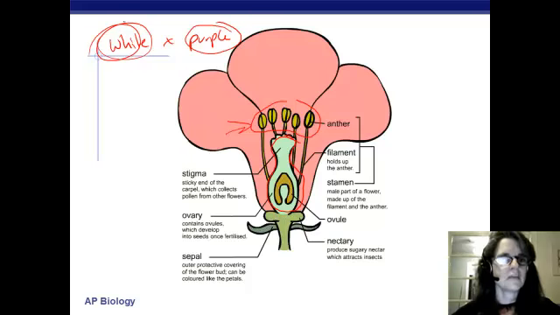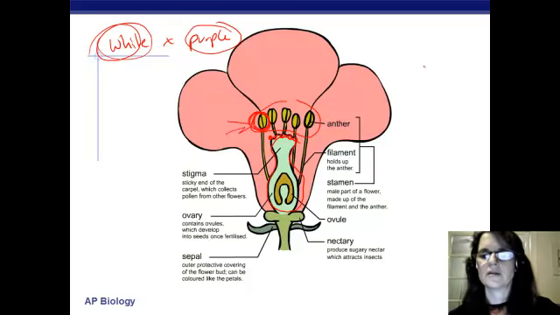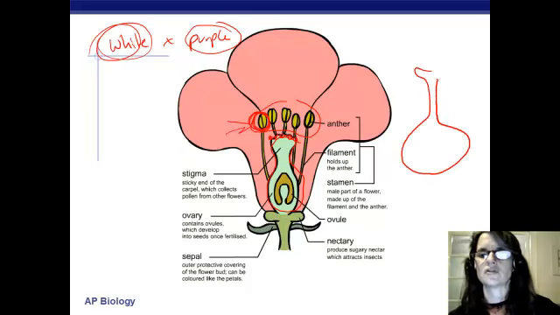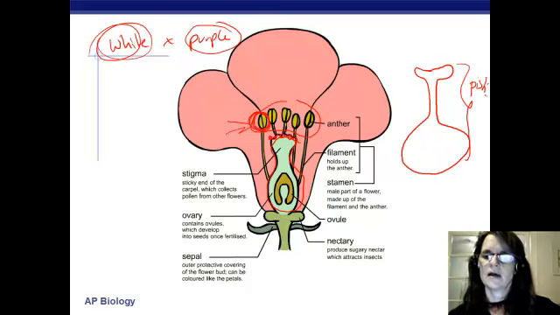But he'd take the male parts from the white and he would dab the male pollen from this anther right here onto the top of the female reproductive part. So here's this female reproductive part, this vase-like structure that we normally call a pistil.